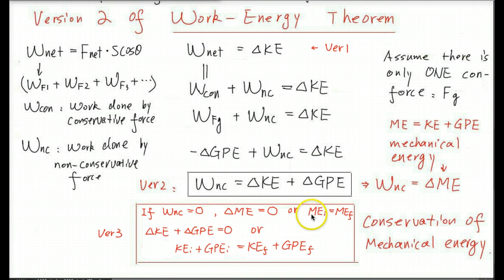Of course we can separate the ME into KE and GPE, so the sum of the KE plus the GPE at the initial position equals the sum of the kinetic energy plus the GPE at the final position. That concludes the two versions derived from the original work energy theorem.